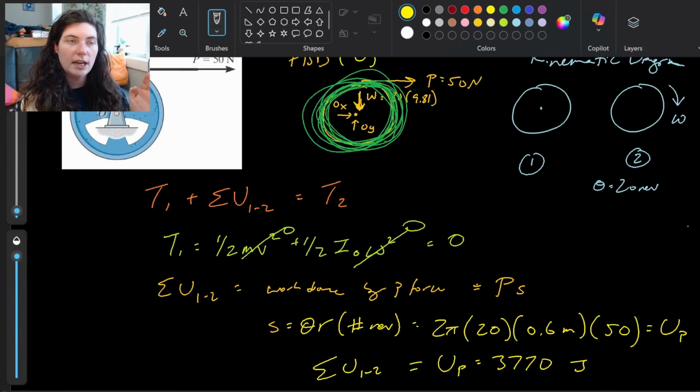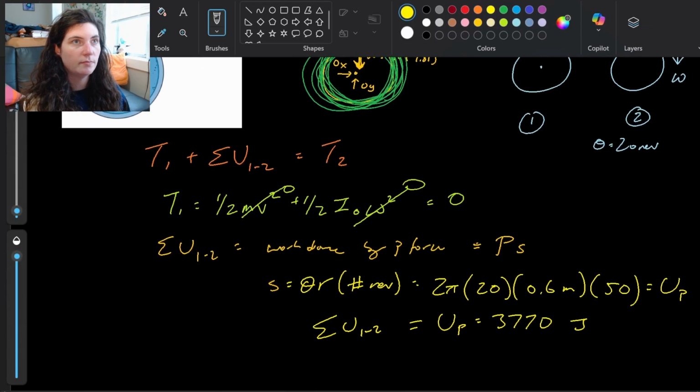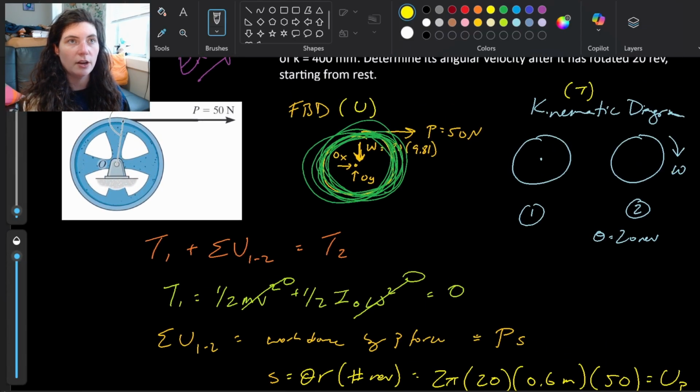So we have our initial kinetic energy, we have the work done to it, and that's going to give us our final kinetic energy. So looking at that kinematic diagram, we'll notice that there is no actual linear velocity here. We only have an angular velocity, right? The whole shape isn't moving.